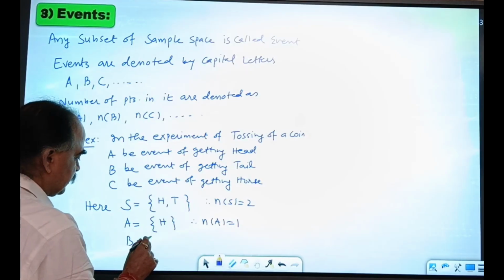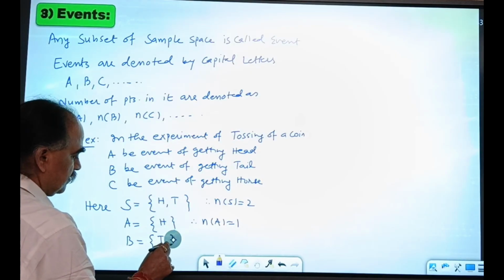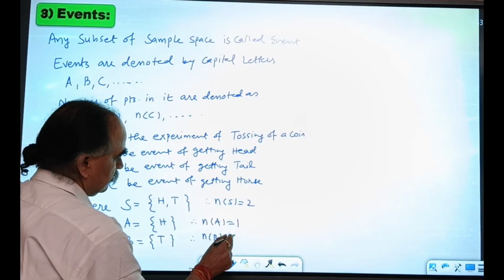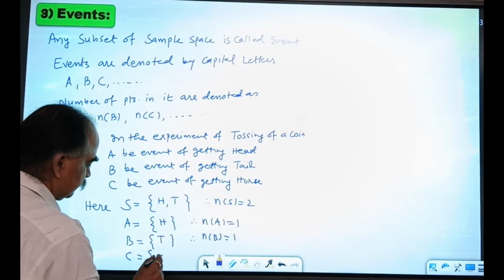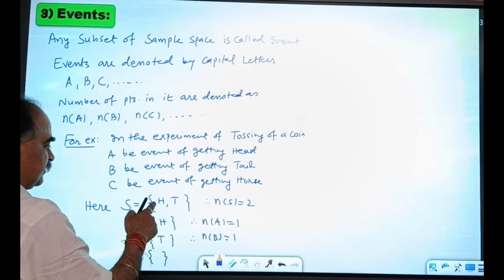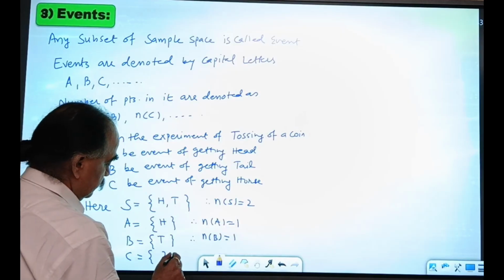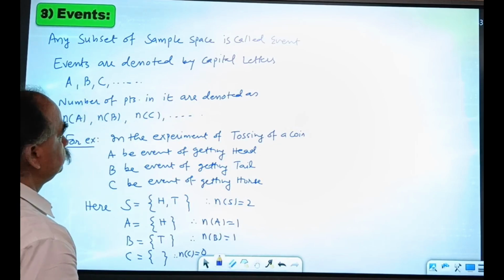B is the event of getting tail, T, so n(B) is 1. C is the event of getting horse. There is no horse here, so this will be empty. So n(C) is 0.